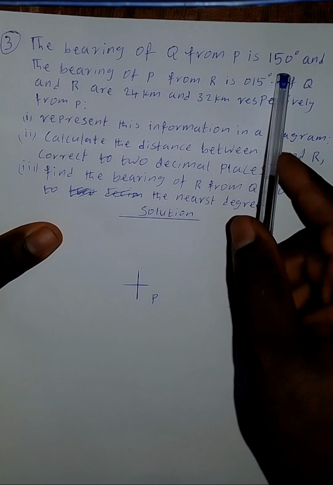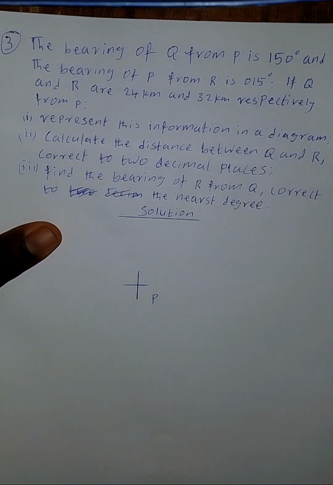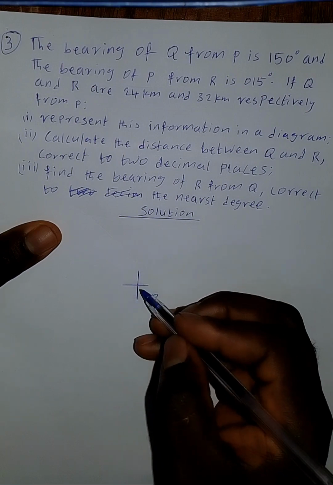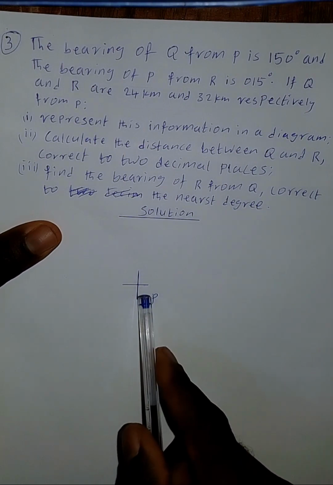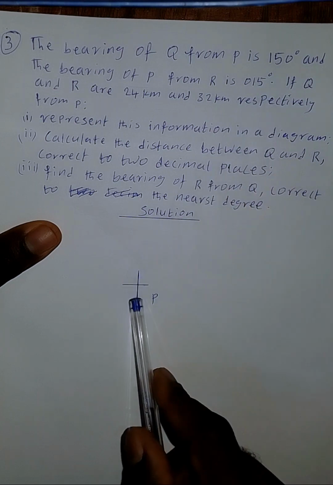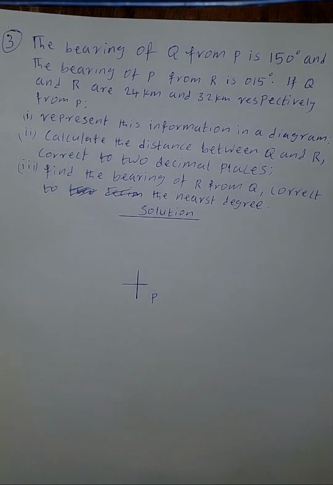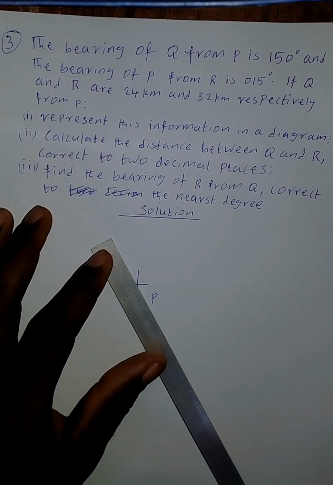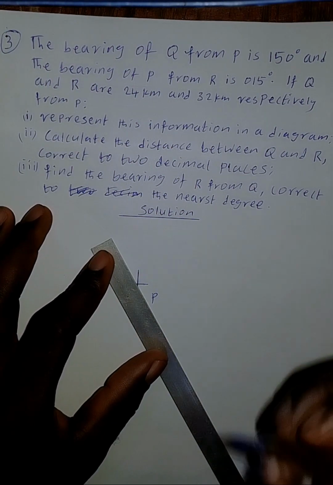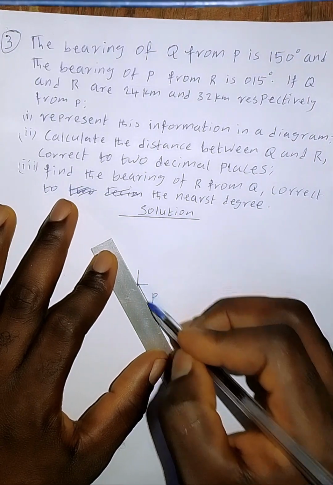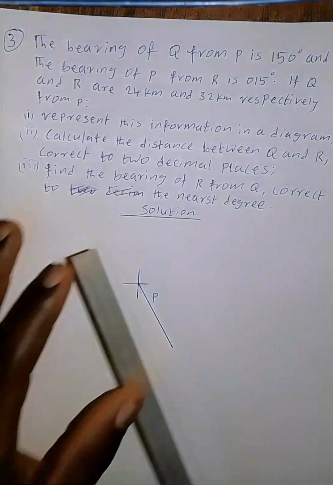Turn 150 degrees. Okay, 150 degrees is less than 180, so it's going to be on the second quadrant because it's more than 90 and less than 180. So this would be 90 plus. So this point Q, I'll get it here.